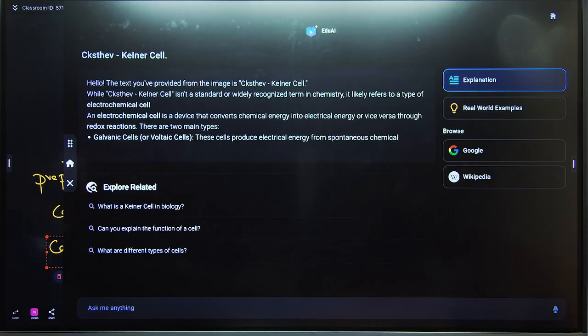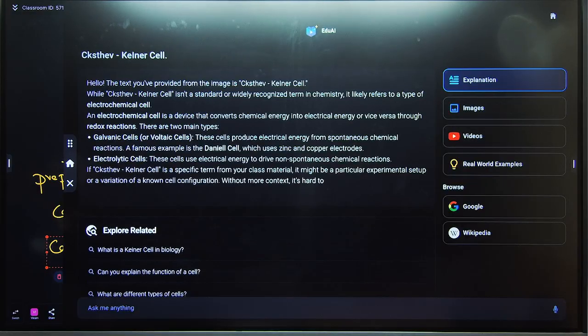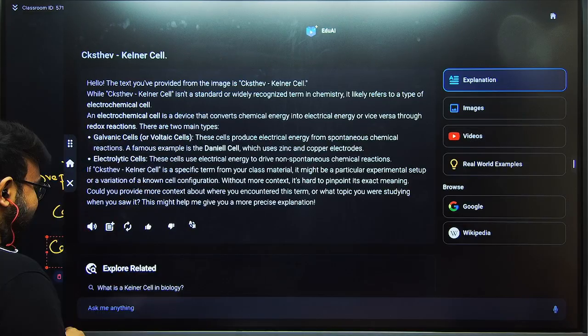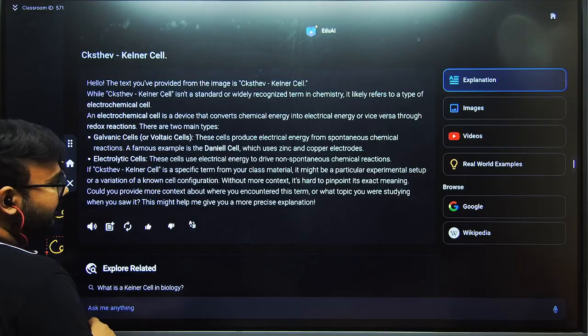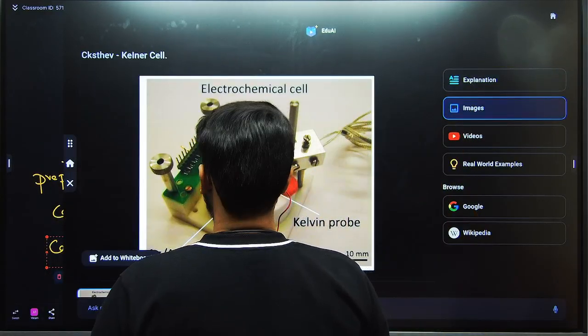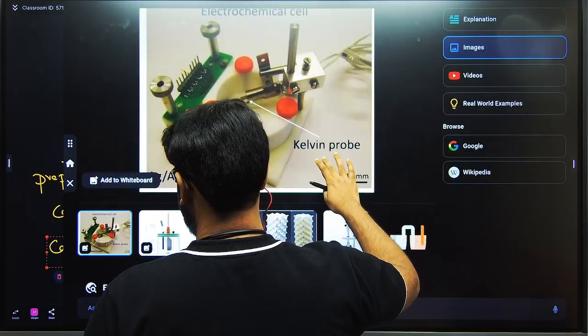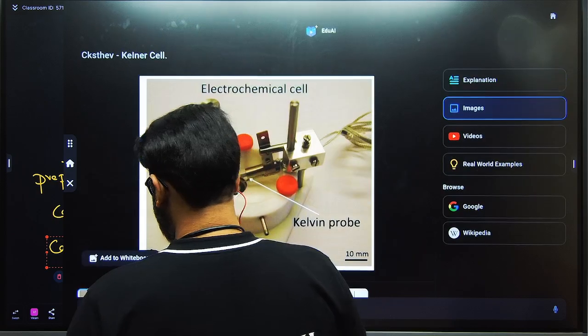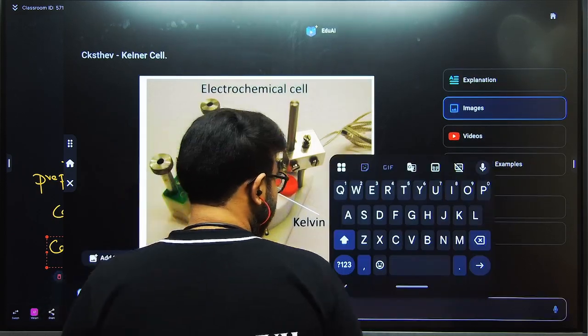Oh, almost there. It took Kellner properly.